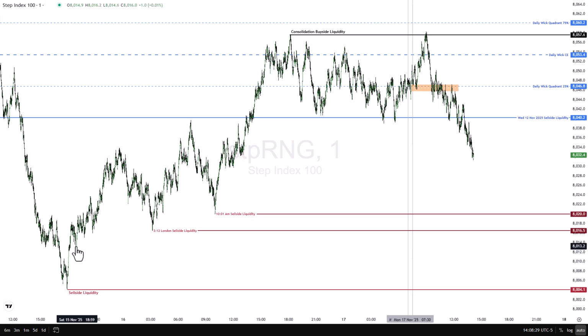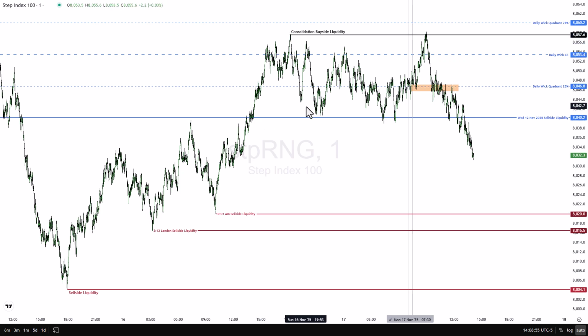We have the 16th of November. We had the retracement back into our daily wick consequent encroachment. Shortly after our daily wick consequent encroachment was engaged, we had a consolidation between the daily wick consequent encroachment and the daily wick low.